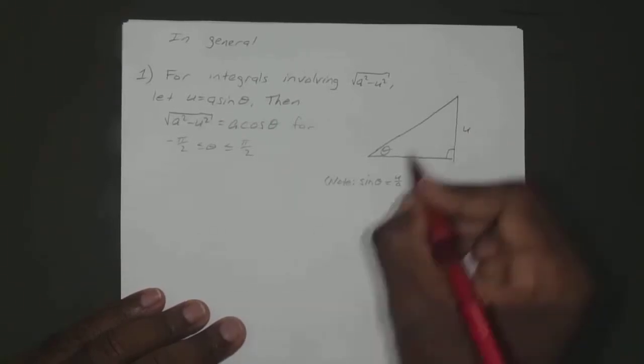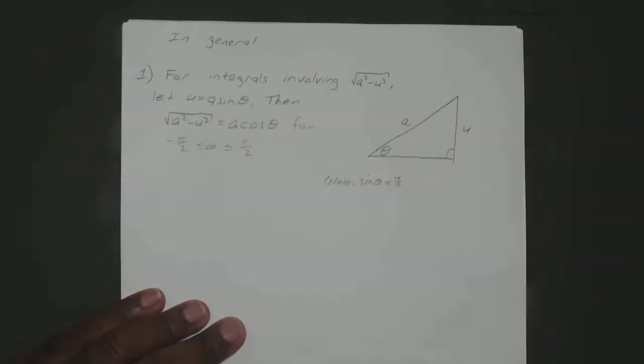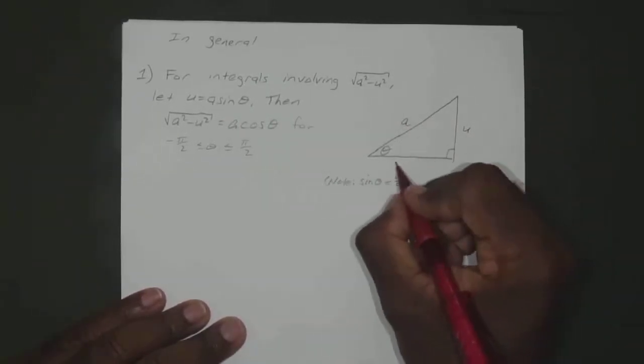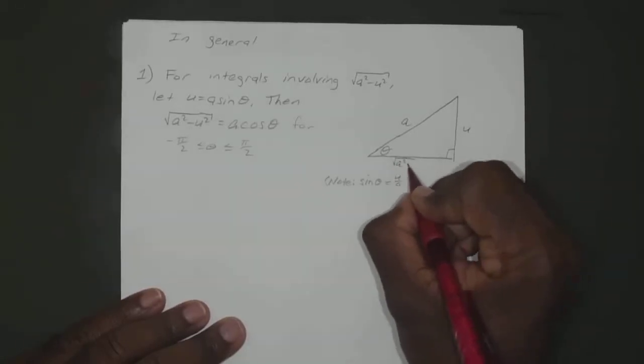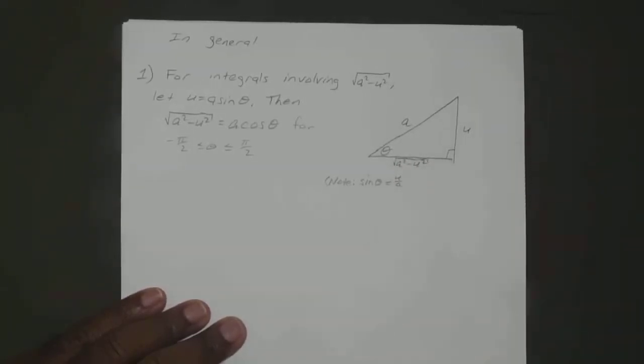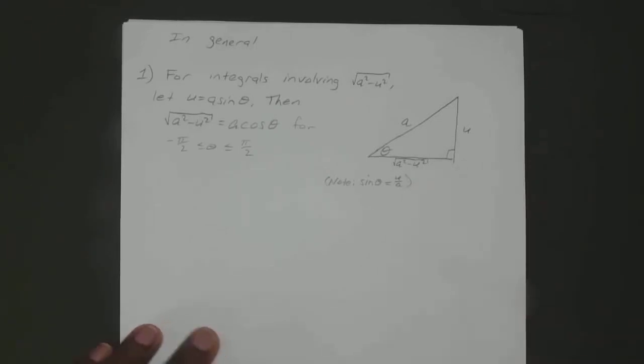So that's your u over the hypotenuse. If you solve for the missing side, it's the square root of a squared minus u squared. That triangle will come in very handy when we start doing the examples. So it actually serves a purpose.